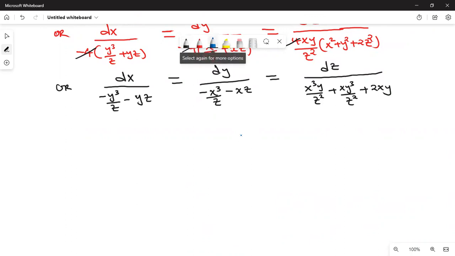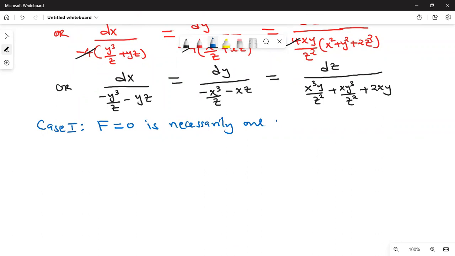So in case number 1, F equals 0 is necessarily one of the solutions, or one of the integral curves.